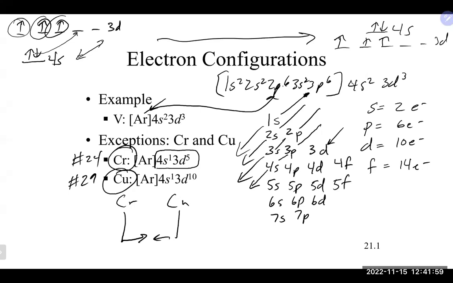Transition metals typically will lose the s electrons first because of that switch in energy; the s electrons end up being higher in energy than the d electrons. Then if necessary, they will dip into those d orbitals.